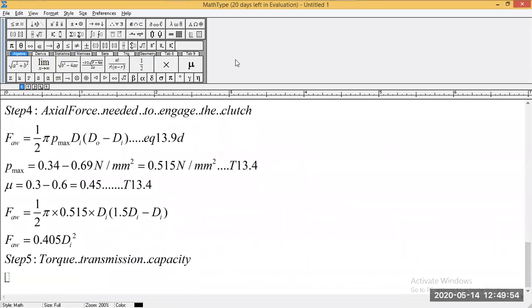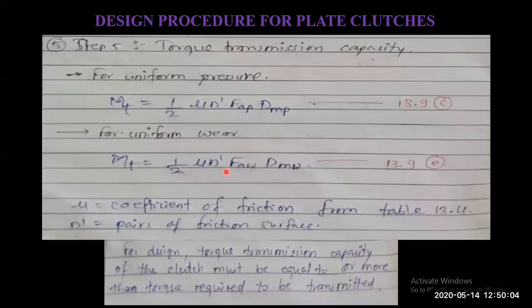Torque transmission capacity, given by MT, is directly given as an equation in the data handbook. So MT equals half mu n dash FAW DMW.